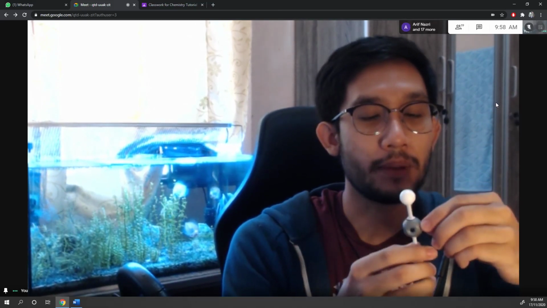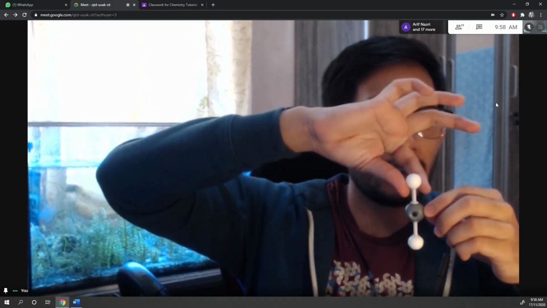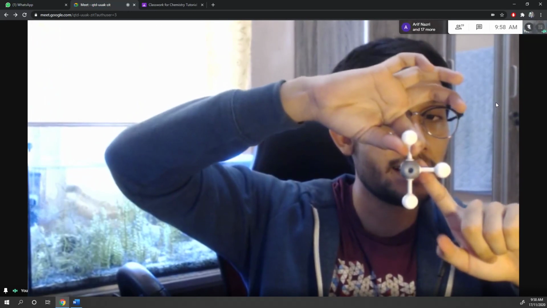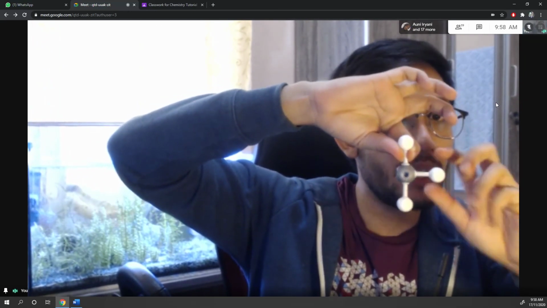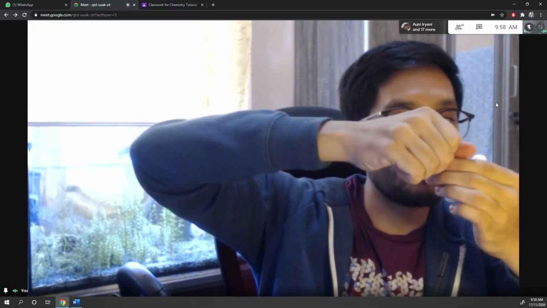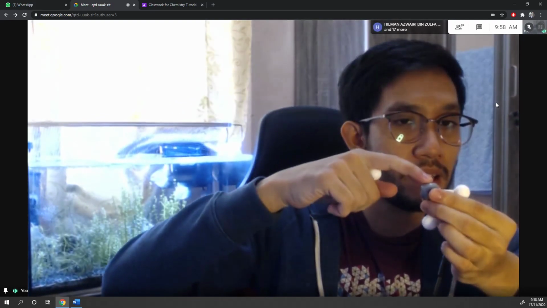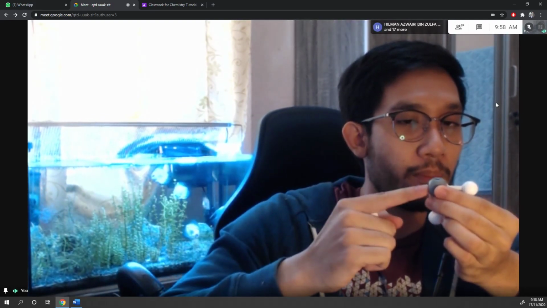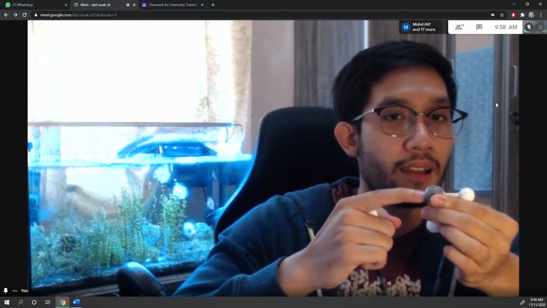Okay, now when I want to remove this and place lone pairs, I usually place them on the same plane. Because if I remove here, this lone pair and this lone pair will repulse greatly.